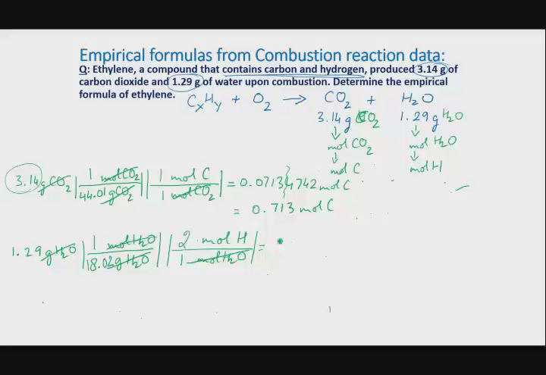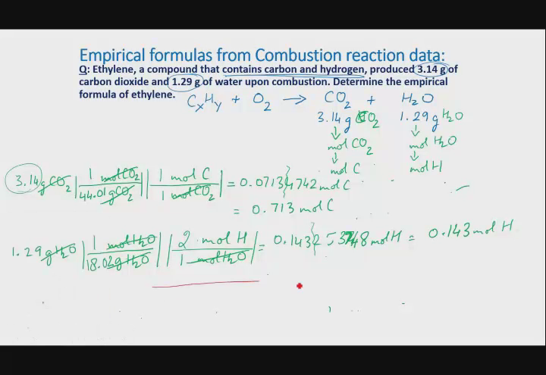If you solve this, we get 0.1433748 moles of H, rounded to 3 significant figures, gives us 0.143 moles of H. So now let's take stock of what we know.